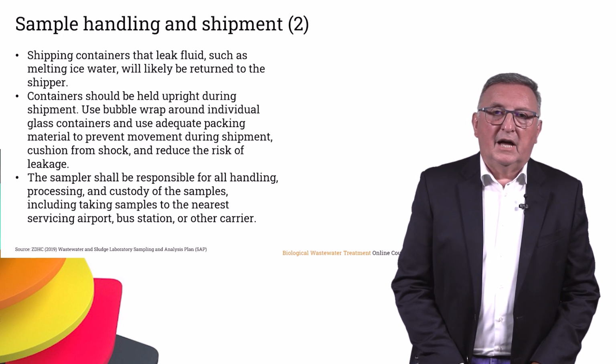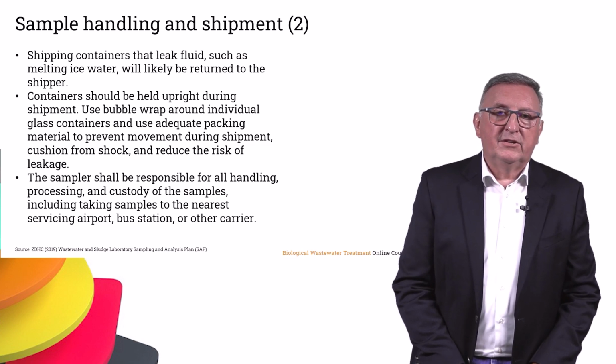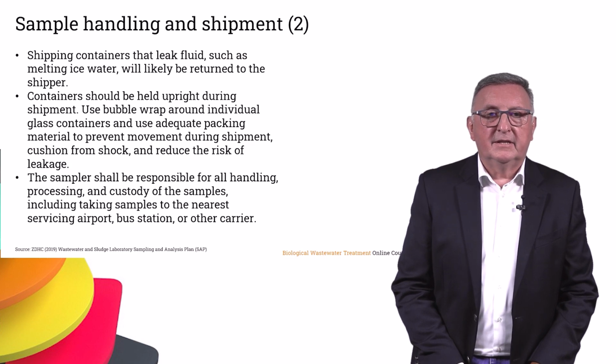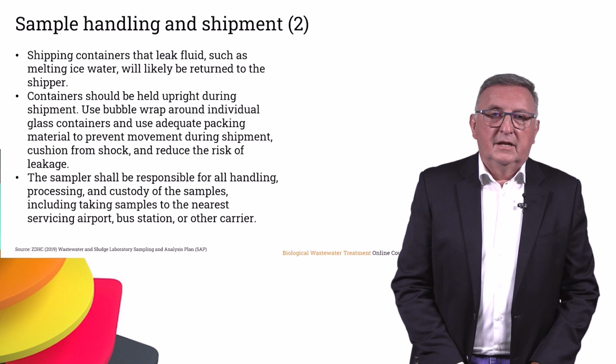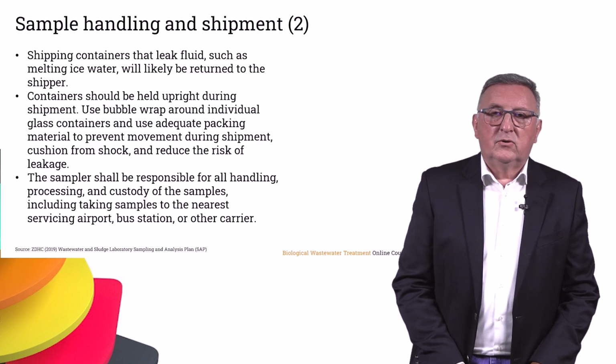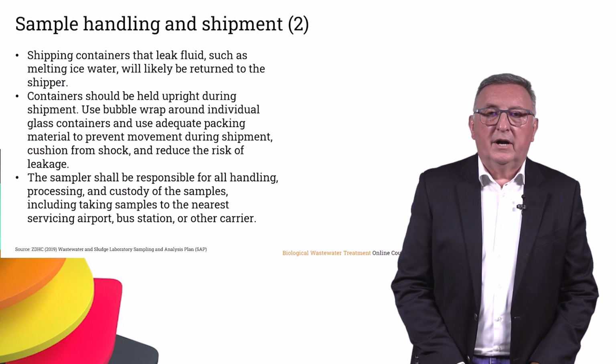Containers should be held upright during shipment, use bubble wrap around individual glass containers, and use adequate packing material to prevent movement during shipment, cushion from shock, and reduce the risk of leakage. The sampler should be responsible for all handling, processing, and custody of the samples, including taking samples to the nearest servicing airport, bus station, or other carrier.